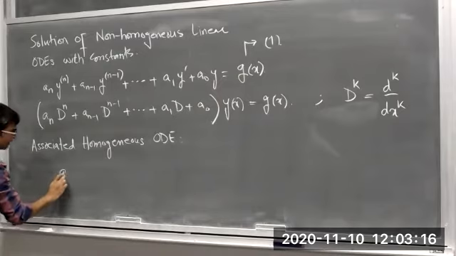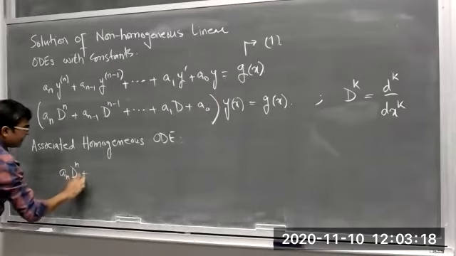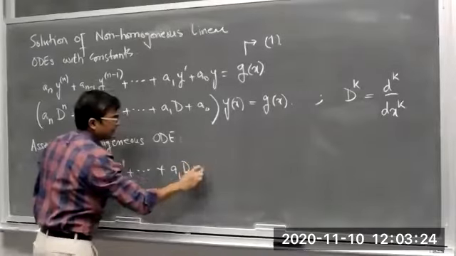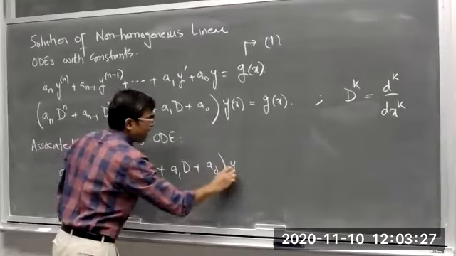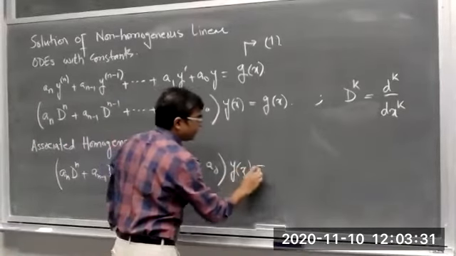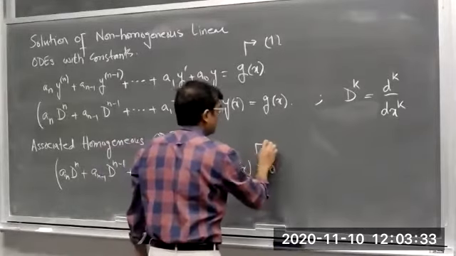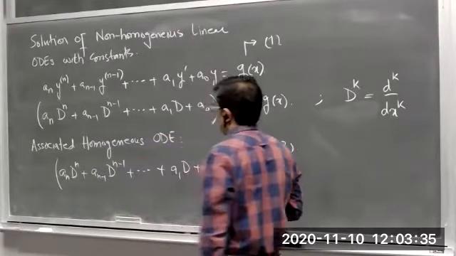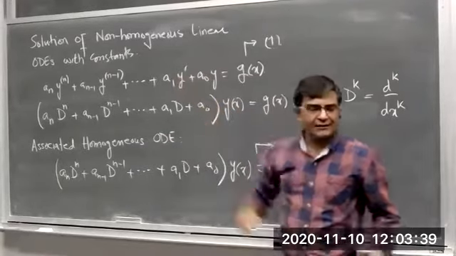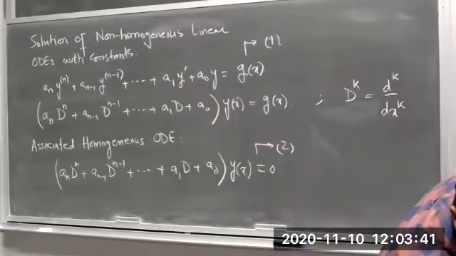So we can say that (a_n D^n plus a_(n-1) D^(n-1) plus so on plus a_1 D plus a_0) times y of x is equal to 0. This is the homogeneous differential equation associated with this non-homogeneous ODE.